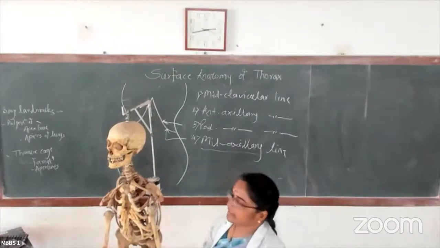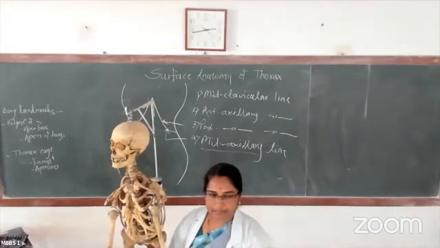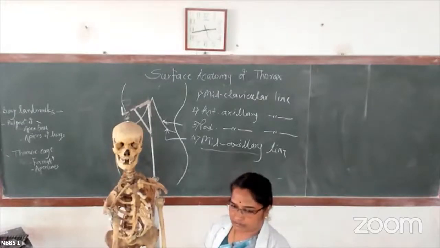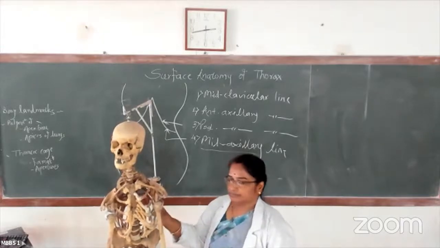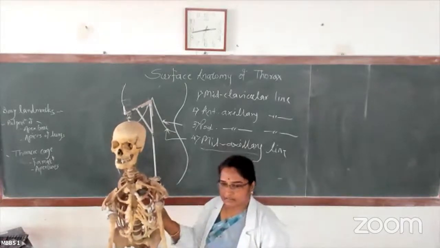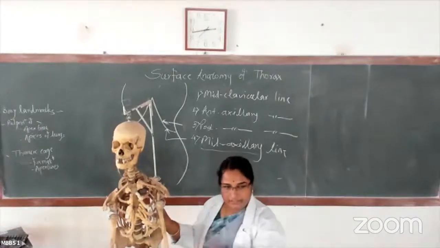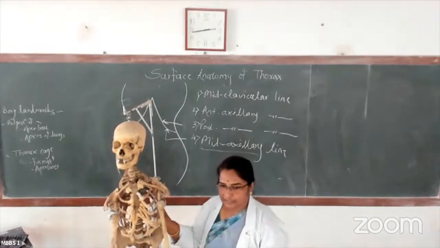Sometimes the 12th rib may be missing. So counting should be proper because we have seen this in paracentesis. For this purpose also you have to count the intercostal spaces. So what is paracentesis thoracis? That is drainage of the pleural fluid, that is pleural tapping.